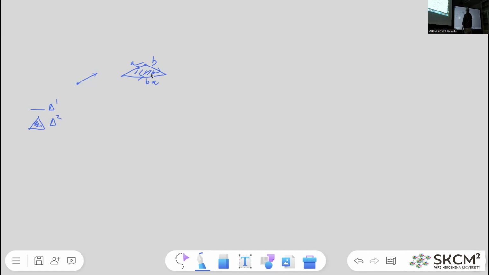If you had 3 arrows, and they're composable, 3 composable arrows like this, then you can compose these 2. You get BA. And you can compose these 2.